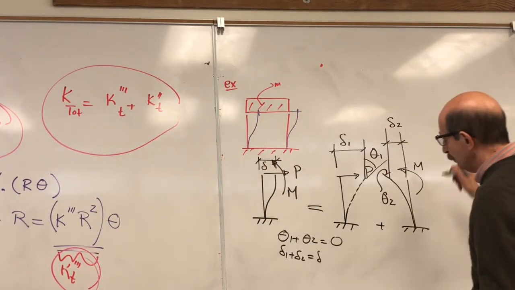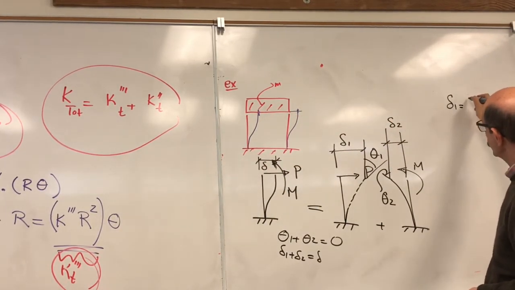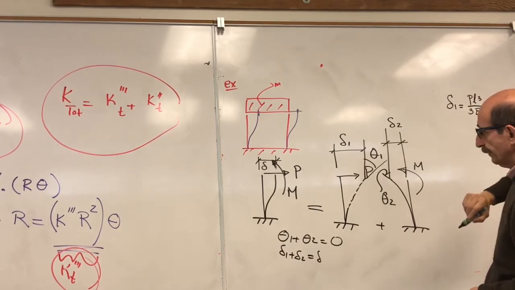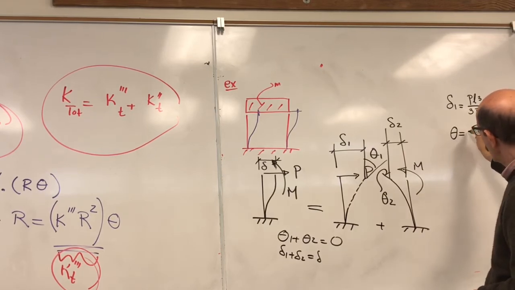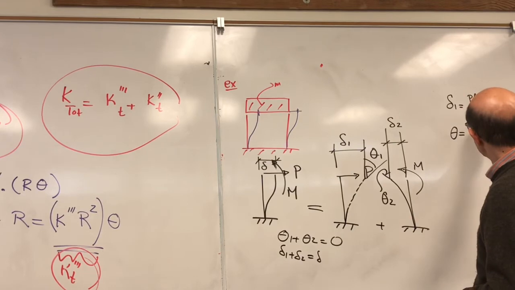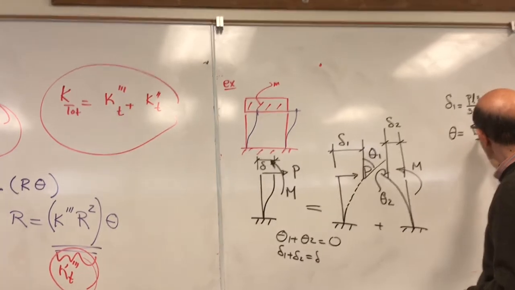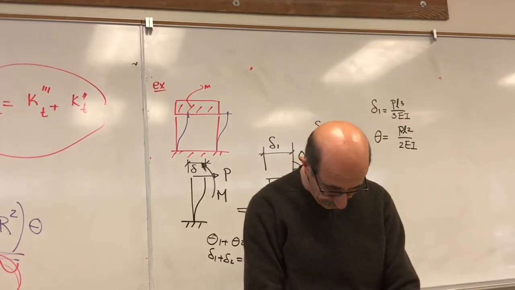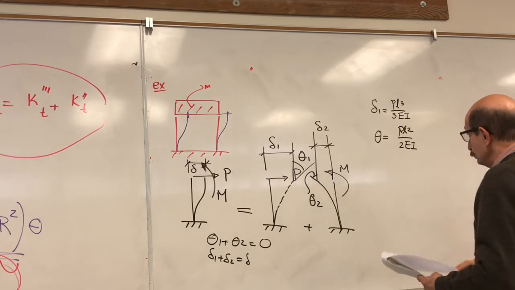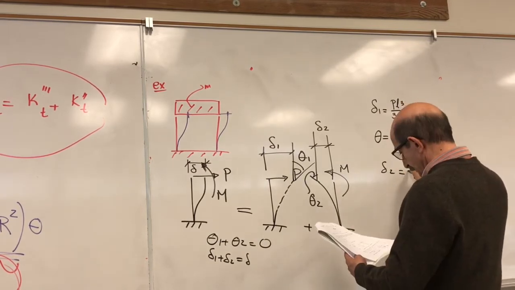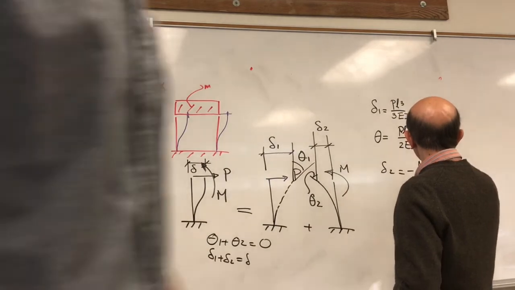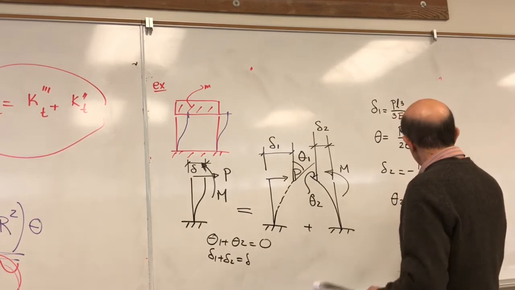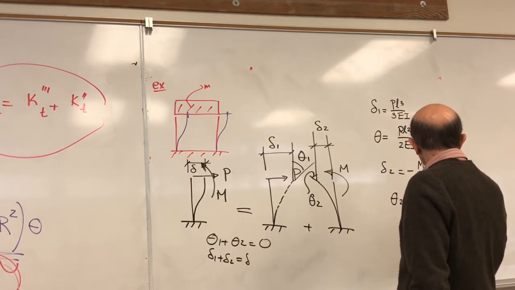From strength of materials, you know delta 1 is PL cubed over 3EI, and theta 1 is PL squared over 2EI. Delta 2 is minus ML squared over 2EI, and theta 2 is minus ML over EI.